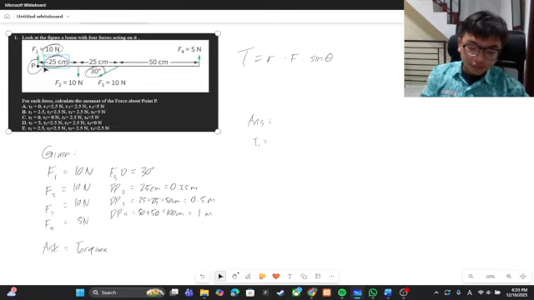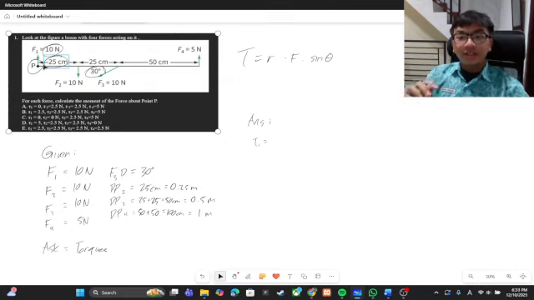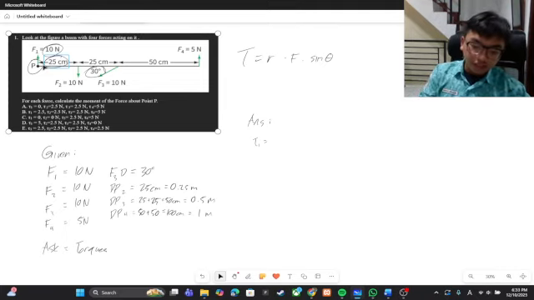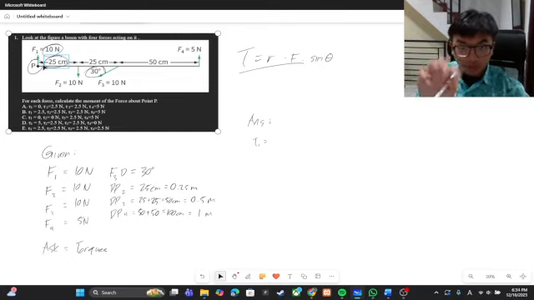Firstly, we can see that this one is 90 degrees. So basically, if it is 90 degrees, we don't actually need to use sin theta. So for torque 1, 2, and 4, we're only going to use T equals R times F, no sin theta. It's going to only be used in torque 3.